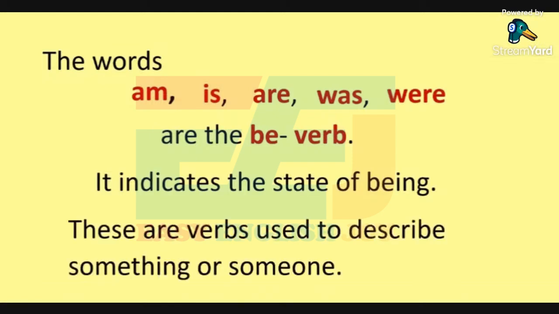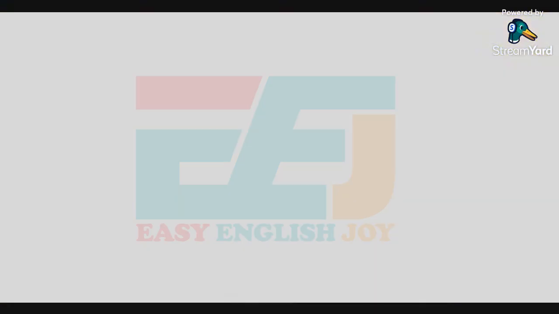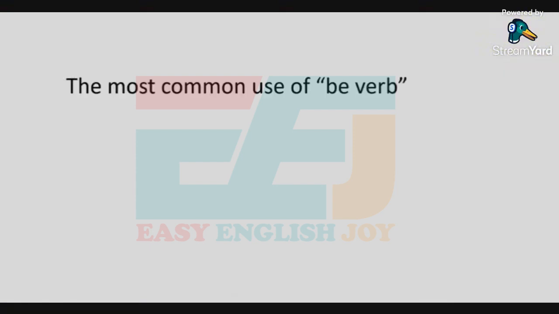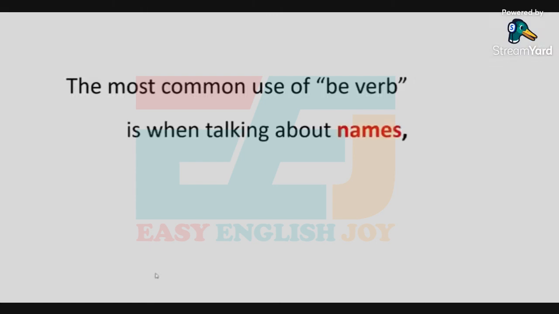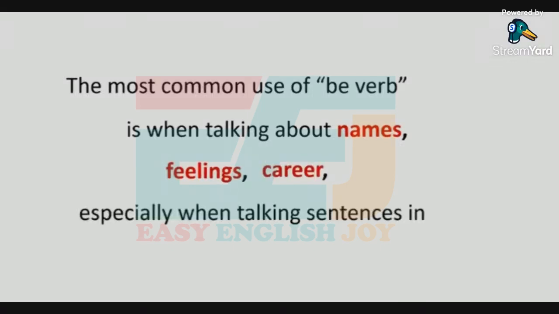These are verbs used to describe something or someone. The most common use of be verb is when talking about names, feelings, career, especially when talking sentences in present or in past form.